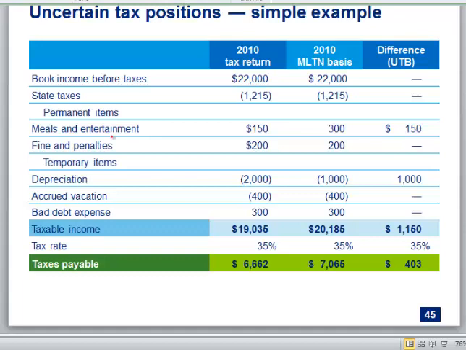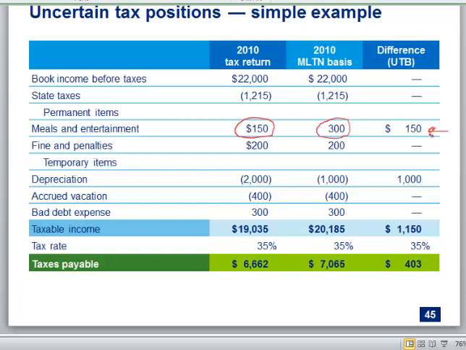So for example, very easy: we claim on our return an add back for meals and entertainment of $150, but we go through our recognition and measurement analysis and we realize, I probably should have added back more, right? So that difference is the amount that we're going to reserve, and this is a pre-tax number. That's our exposure we've identified by comparing what we did on our return to what we probably should expect as the ultimate outcome. So it's that comparison that will give rise to our UTBs.